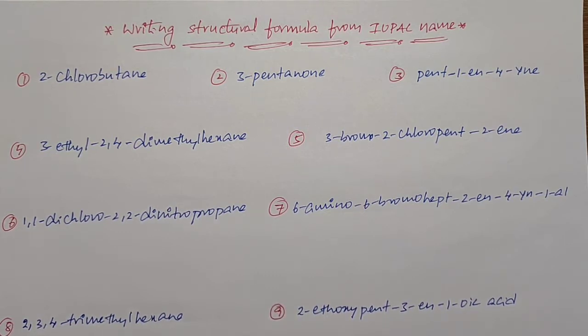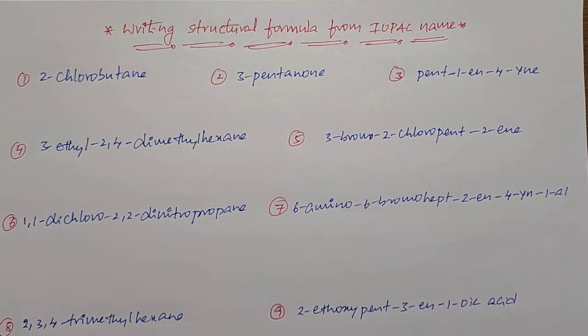After that, the primary suffix explains the nature of the compound, whether it is saturated or unsaturated. Based on the primary suffix, if it consists of single bonds, we substitute all single bonds between the carbon atoms. If a multiple bond is present, we keep the multiple bond at the proper position.